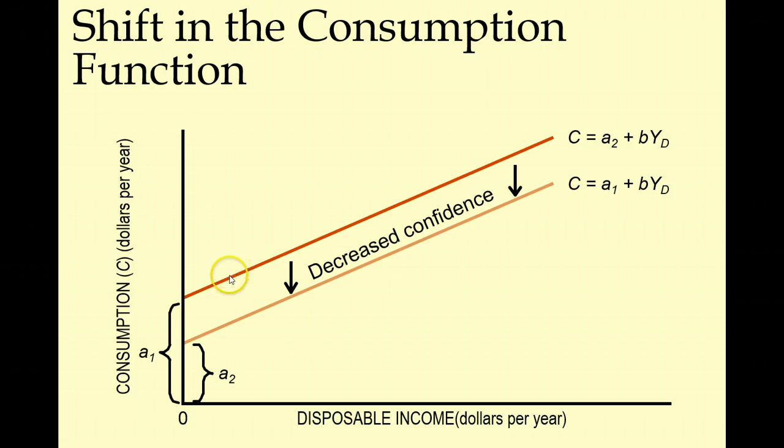And so if there is a decrease in consumer confidence, that means there will be less spending at all income levels, and you're going to get this decrease. In other words, there's going to be a drop in A. And when you have a drop in A, you change the vertical intercept.